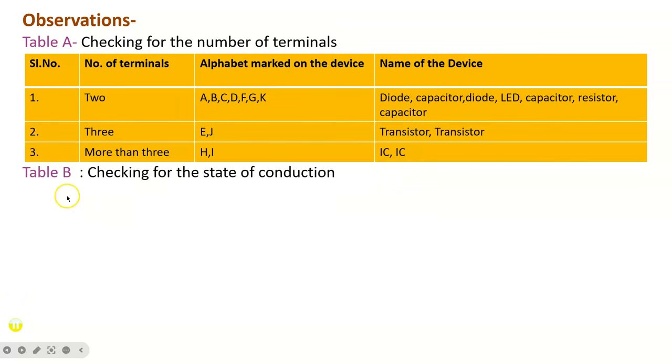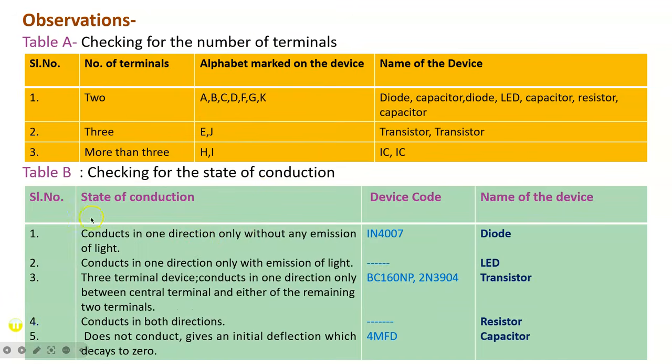Table B, checking for the state of conduction. State of conduction, device code, name of the device. Conduct in one direction only without any emission of light: device code IN4007, that is a diode. Conduct in one direction only with emission of light: LED.